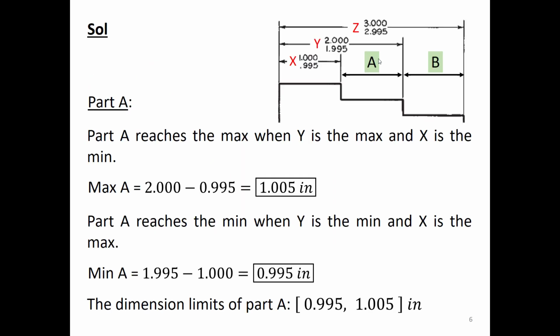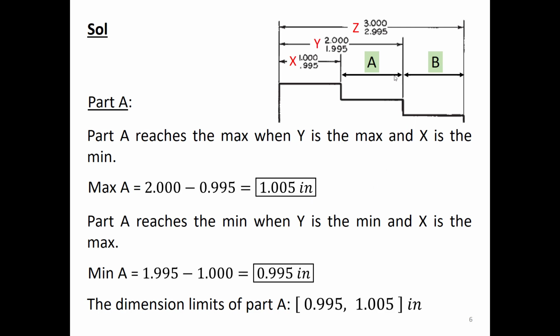So for part A, the maximum of A is going to be when y is the biggest and x is the smallest, because A is y minus x. So the maximum size of A is going to be when y is the maximum and x is the minimum. So the maximum size of A is 2 minus 0.995, which is 1.005 inch.